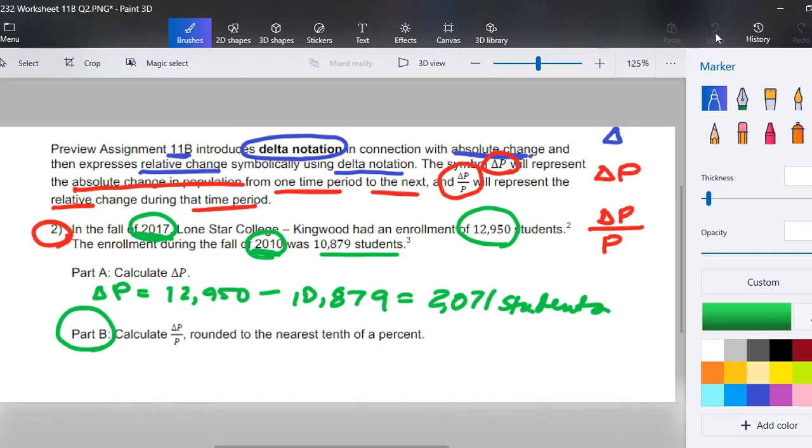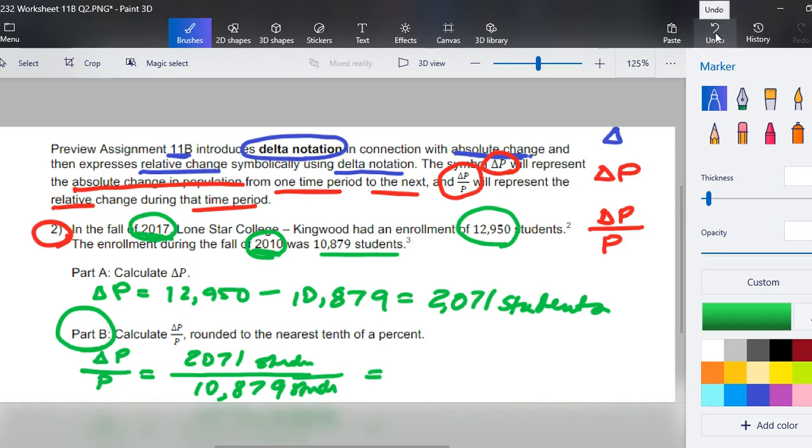But then let's look at it as a relative change, to calculate delta P over P. We are going to reuse the number we just got, that delta P, those 2,071 students, and divide it by the initial population, the beginning of whatever we're talking about in this problem, 10,879 students.